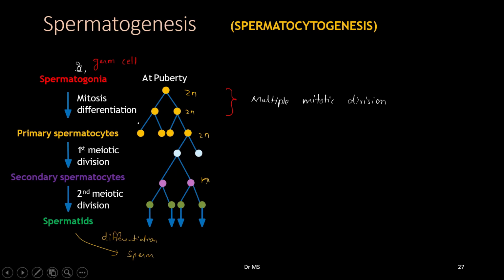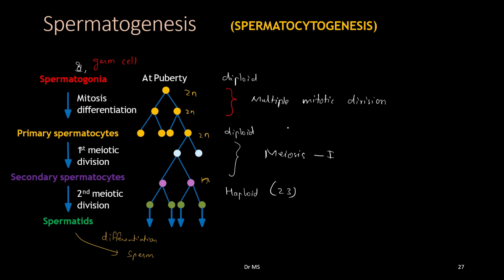This primary spermatocyte will undergo the first meiotic division, meiosis 1. Here it is still diploid, with 46 chromosomes. After meiosis 1 the diploid cell becomes haploid, forming the secondary spermatocyte, which is haploid in nature, with 23 chromosomes.